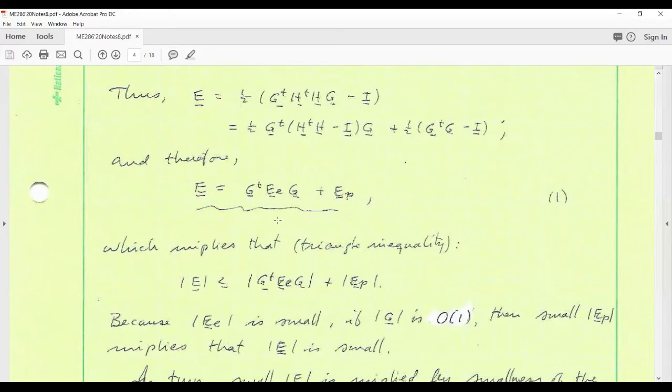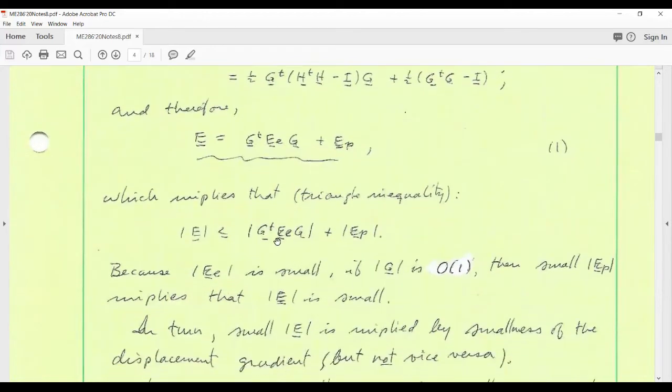In particular, the triangle inequality tells us the norm of a sum is bounded above by the sum of the norms. So we have the norm of the strain is bounded above by the sum of the norm of G transpose elastic strain G plus the norm of the plastic strain.